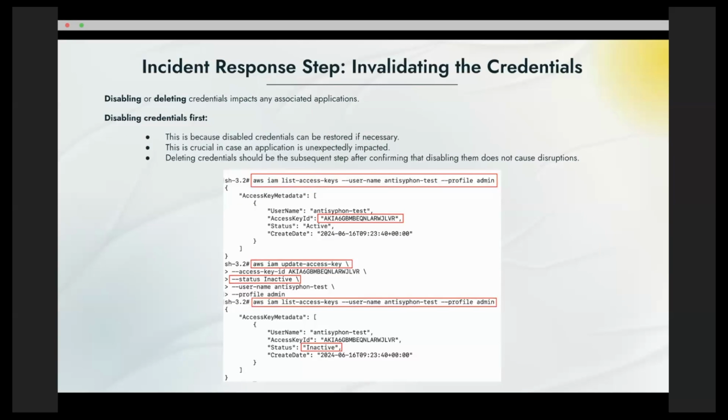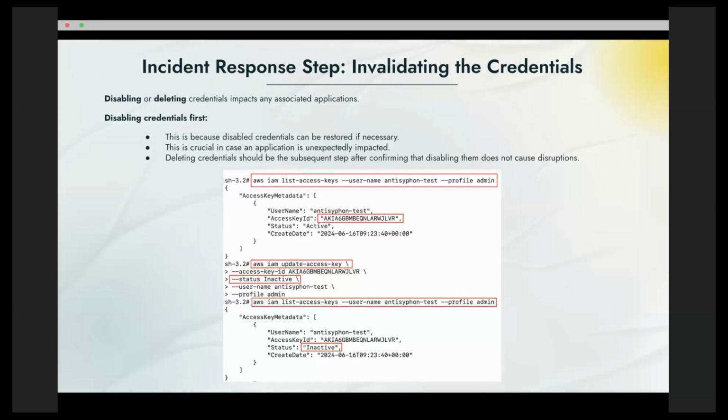Deleting can be a subsequent step after you have confirmed that the disabled credential does not affect any critical production workload, or if it does, the credentials are rotated with new credentials, and then these old credentials are deleted.